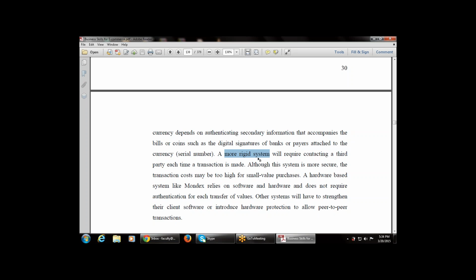Other systems will have to strengthen their client software or introduce hardware protection to allow peer-to-peer transactions that are made electronically.